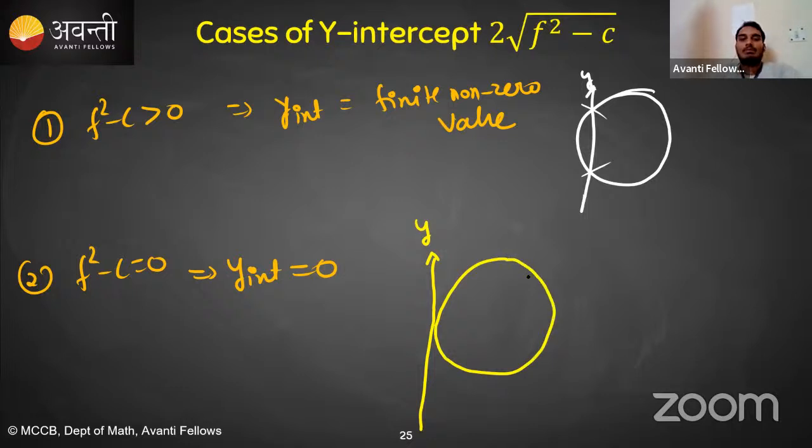Okay, I'm not showing the x-axis, because we are not interested in the x-intercept. x-axis can be anywhere. Maybe it is cutting at the x-axis also, or maybe not. We are not interested, because at this moment our focus is what is happening on the y-axis. So that's why I'm only drawing the y-axis, so that there is no confusion regarding the x-intercept.